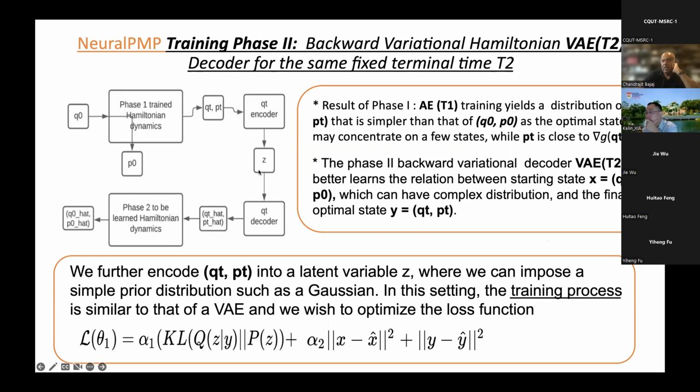So what we also decide to do, this was our phase 0, we also try to apply a filtration process in phase 2. And this filtration process is using a backward variational decoder by going backwards in time to learn my initial distributions. So this entire thing becomes the encoder and a decoder.